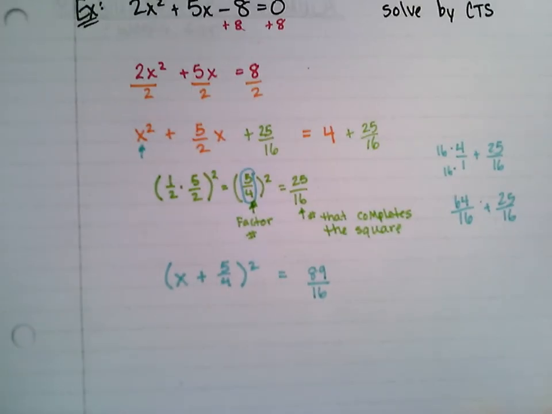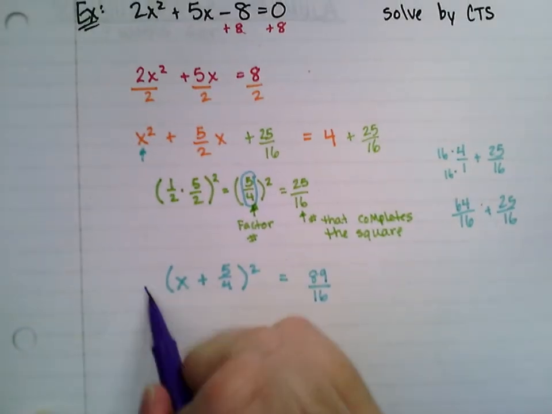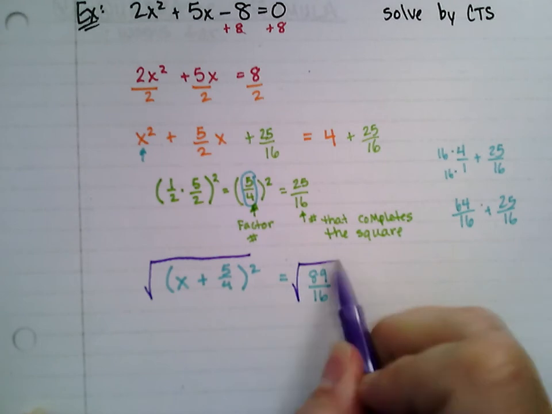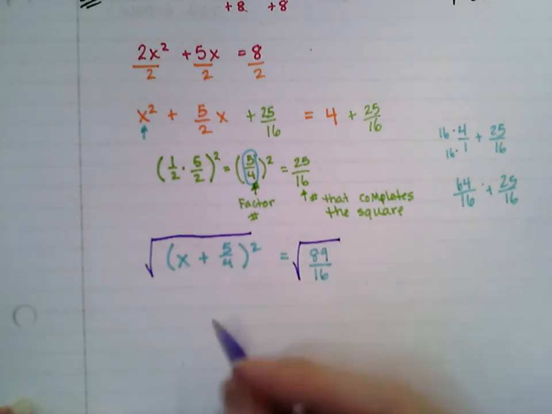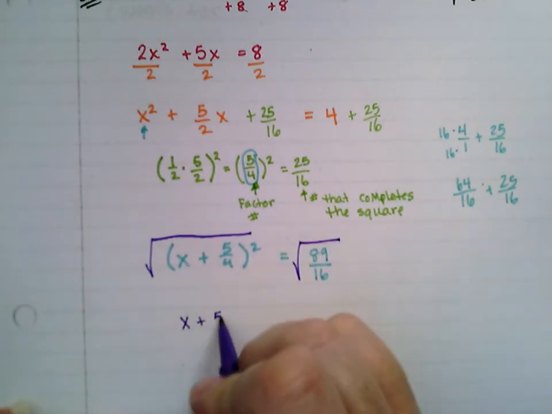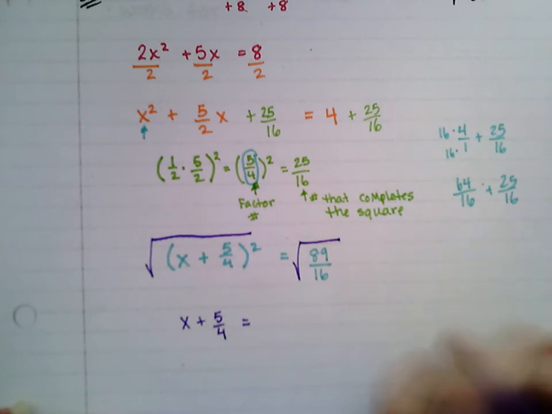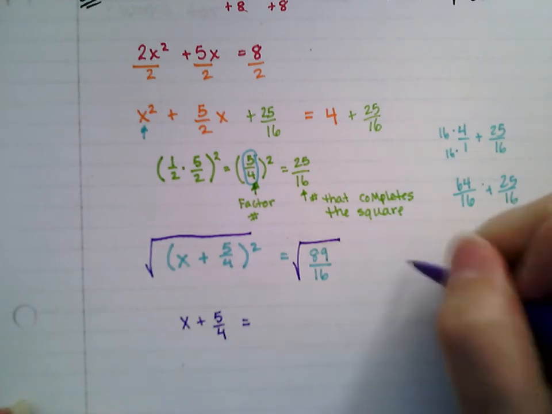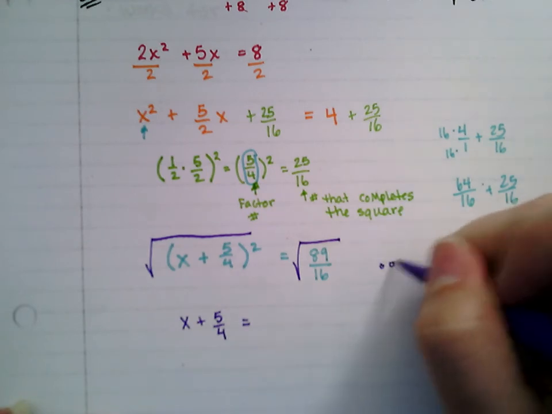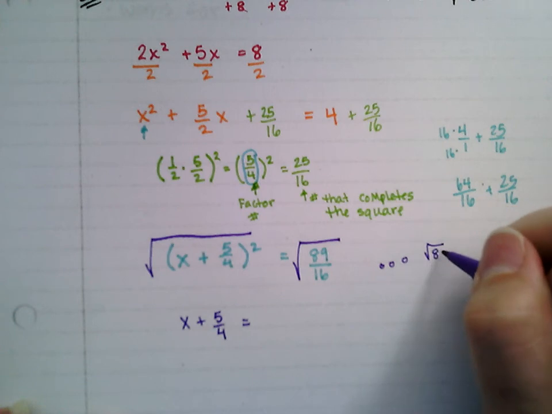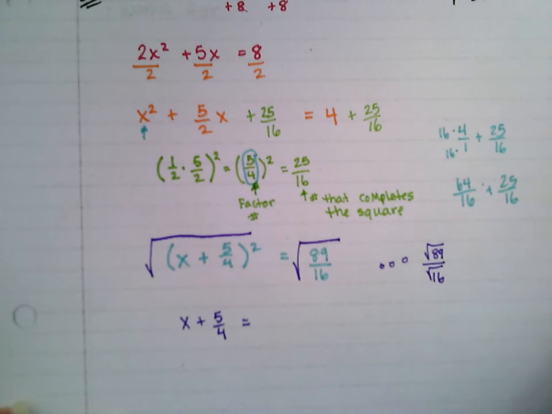Then my next step is to take the square root of both sides. Square root. That gives me x plus 5/4 on the left equals. Now I want to think about square root of 89 sixteenths. I really want to think of it like it's two separate parts.